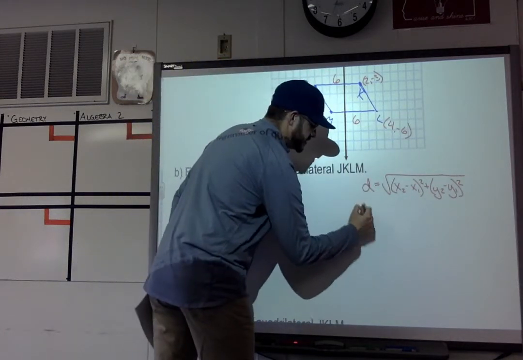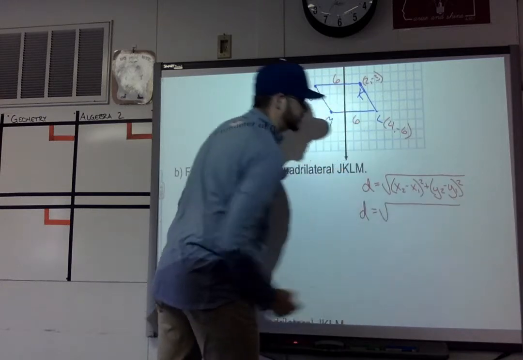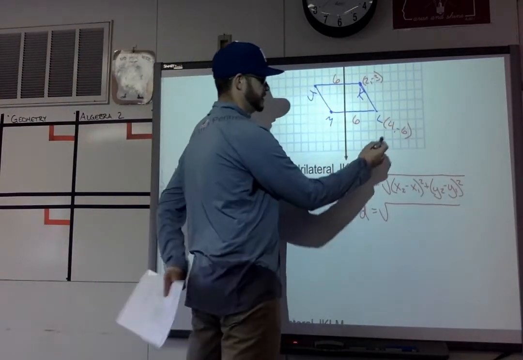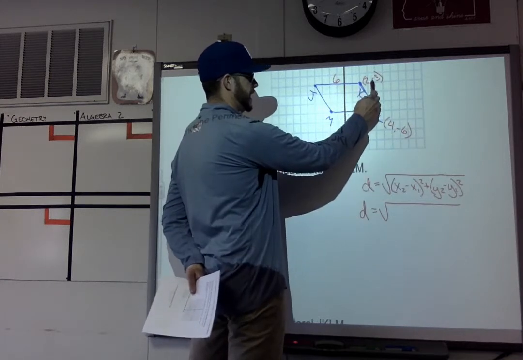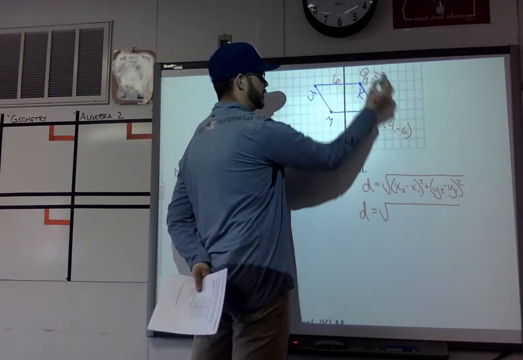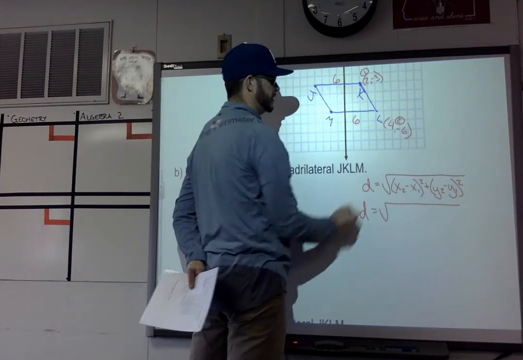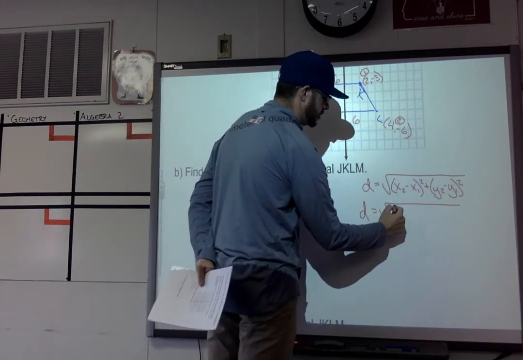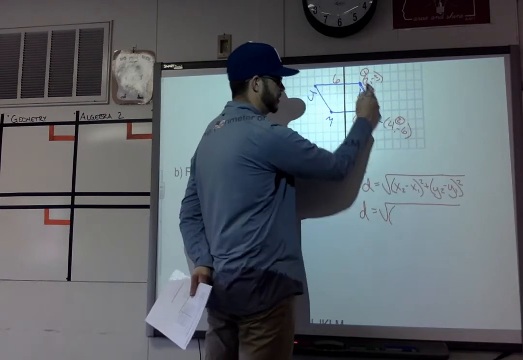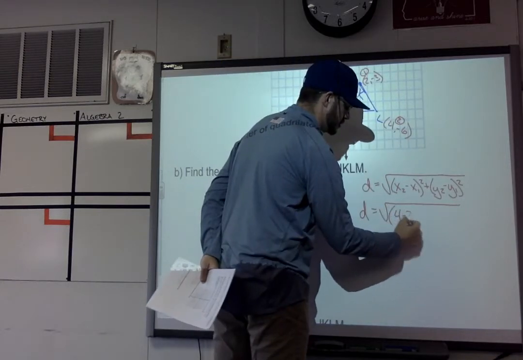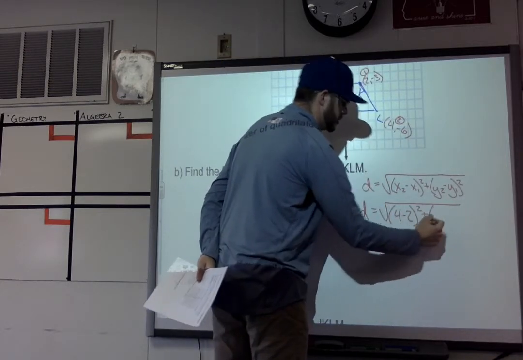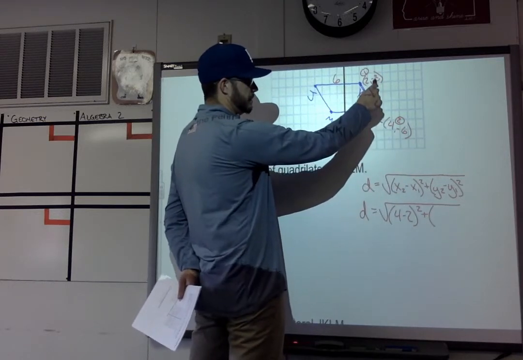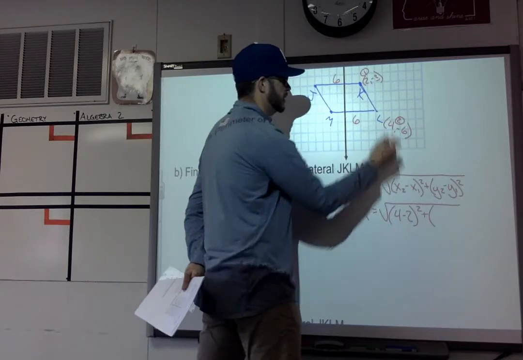So my distance is going to be equal to, I'm going to go ahead and use this. K is going to be point 1 and L is going to be point 2. So x2 minus x1 in this case would give me 4 minus 2 squared plus y2, -6, minus y1, -3.